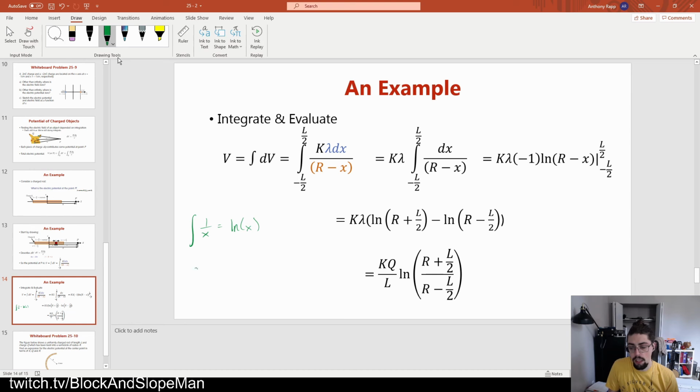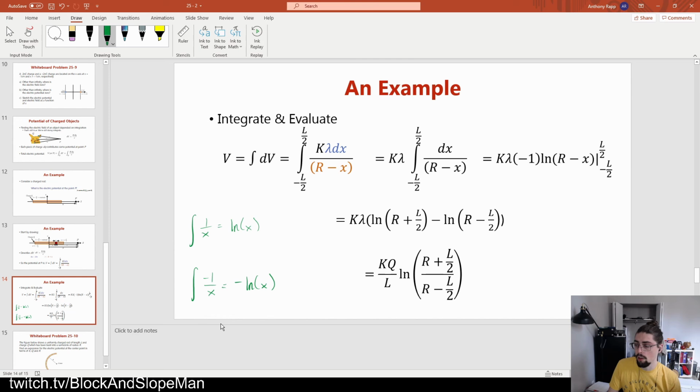If I was to take the integral of negative 1 over x, this would be negative natural log of x, right? Since there is a negative x on the bottom here, that's where this negative 1 is coming from. It's part of the chain rule for doing that integration.